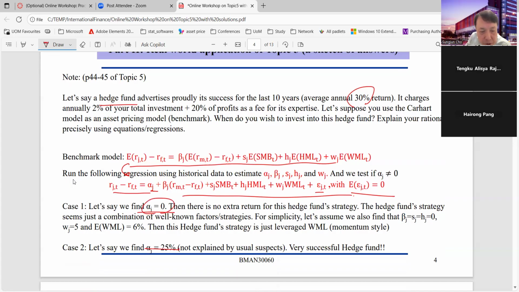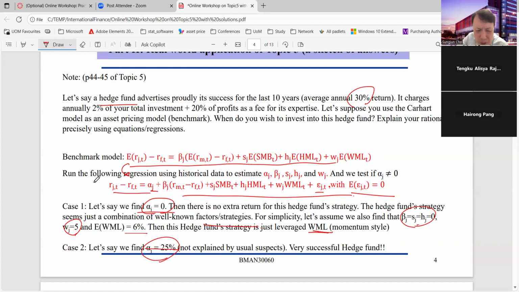If alpha is equal to 0, that means I explained this one. What this hedge fund is doing is just winner minus loser, using this simplified example, and it's just the leveraged one. If you find alpha is 25%, that means this hedge fund is doing something you don't understand. So maybe you need to take part, buy some assets from this hedge fund.